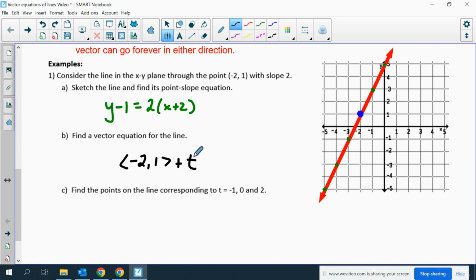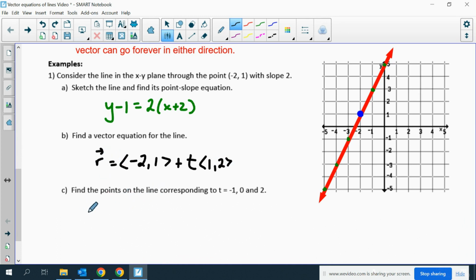So we want to add t, which is some scalar multiple, times the slope vector, essentially some kind of direction vector. So that would be the direction (1, 2), or (-1, -2). So that gives me the vector equation of the line.